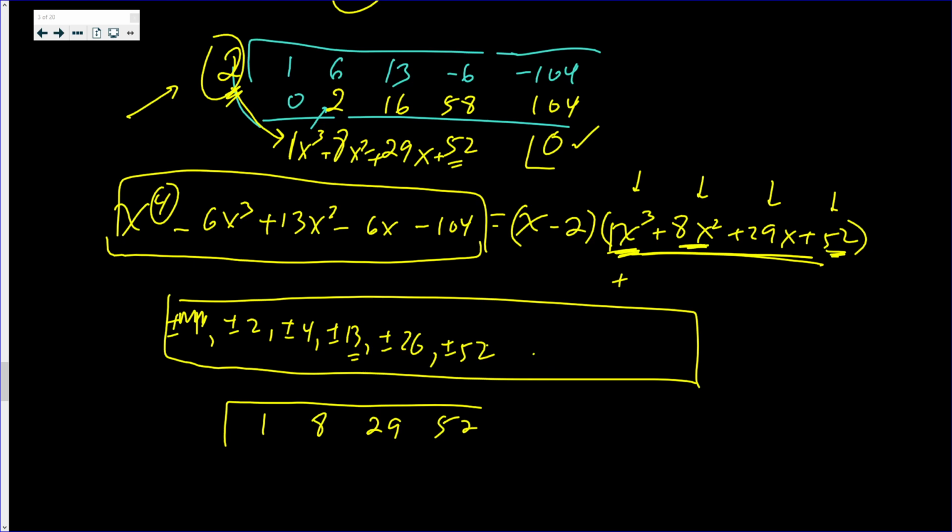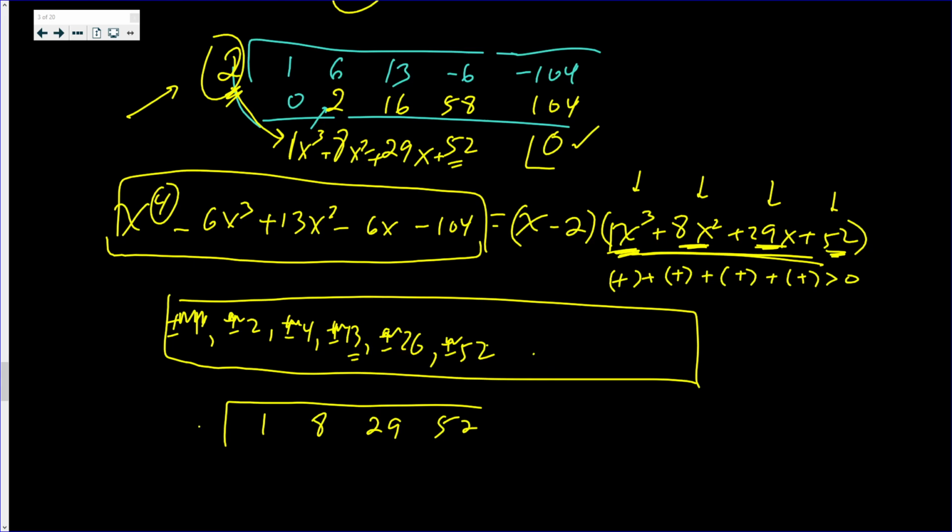When you add on 8x squared, it'll be positive. When you add on 29x, you'll be adding on more. And then you add on 52. This is never going to be 0. So it's always going to be more than 0. So basically, we can argue, hey, none of the positive numbers are going to work.